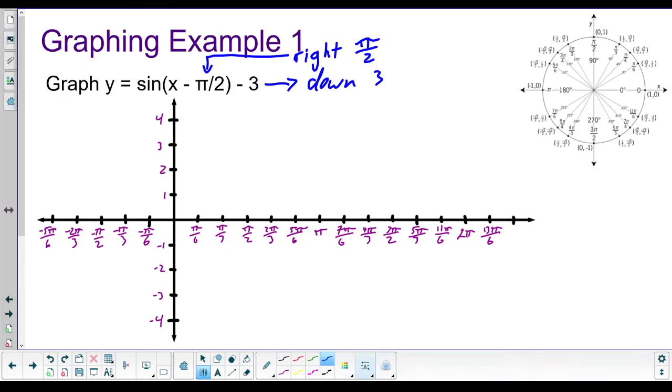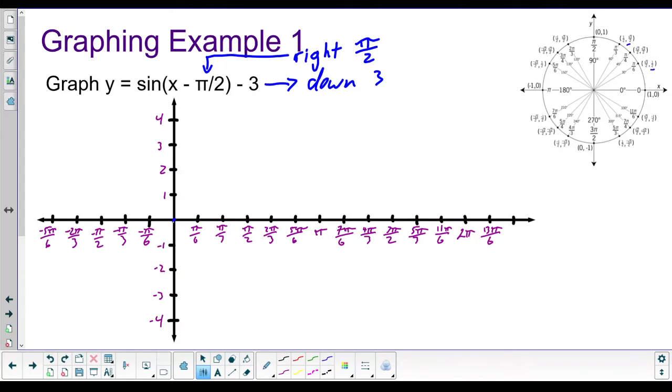All right. So let's start with our parent function, and then we will do our transformations. The sine graph, you should pretty much just go ahead and memorize it. It starts at 0. Then every time you go over 30, you're going a little bit farther around your circle.